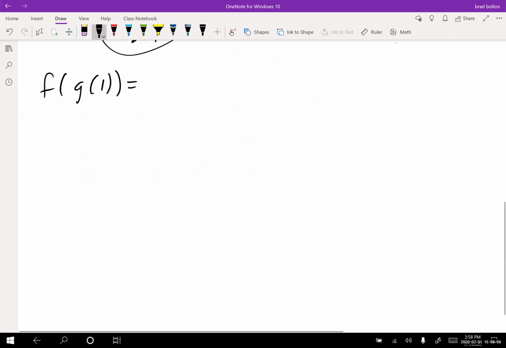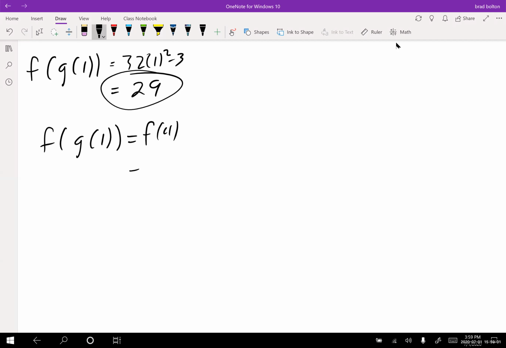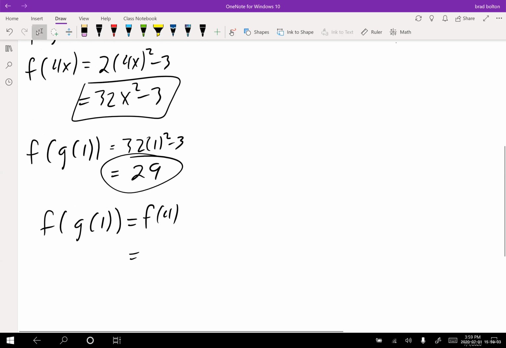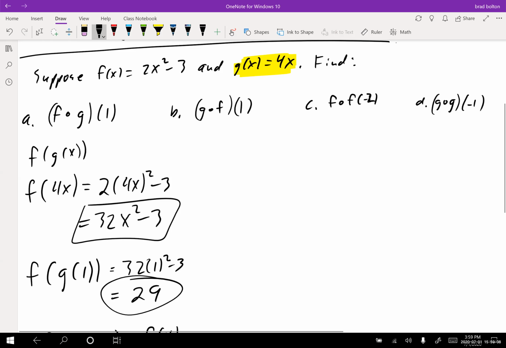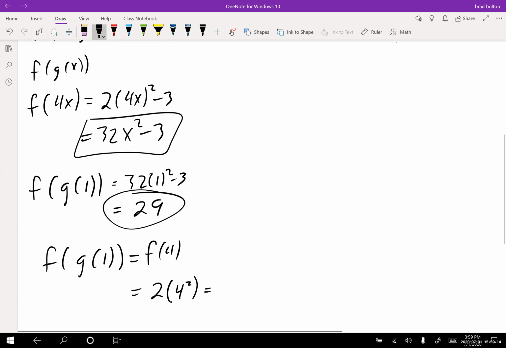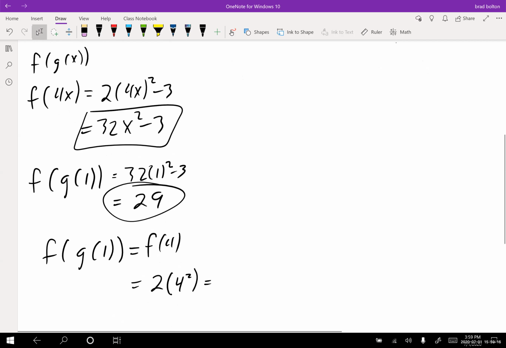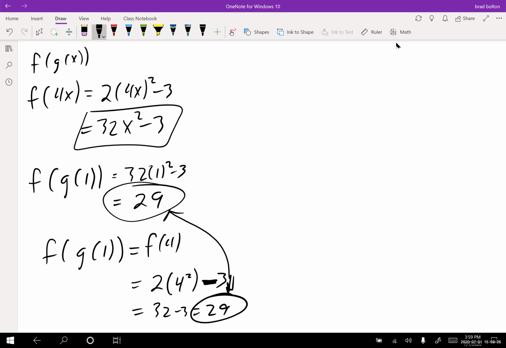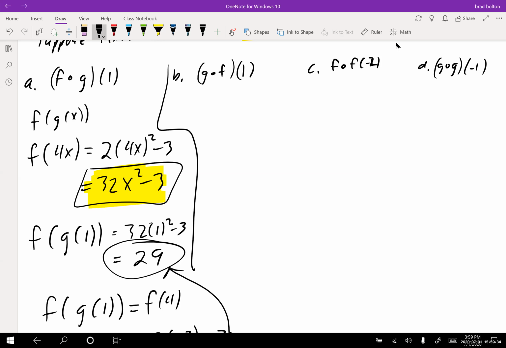So I could have just done f of 4, which becomes 2 times 4 squared minus 3, which equals 32 minus 3, which is 29, the same answer. There's no difference between these two. I just did this because I wanted you guys to see how I could find f of g of x real quick, okay?